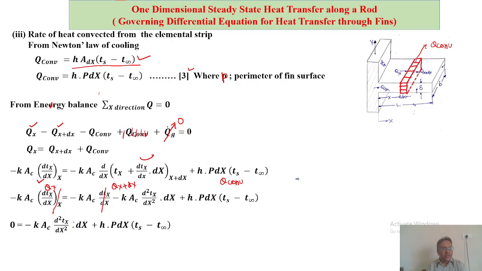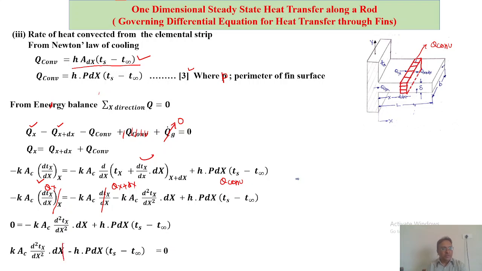So what will remain? The left hand side will be 0. On the right hand side, minus kAc d squared T/dx squared into dx plus h into P into dx into Ts minus T infinity. After simplifying or rearranging, it will become kAc d squared T/dx squared into dx minus h into P dx into Ts minus T infinity is equal to 0.